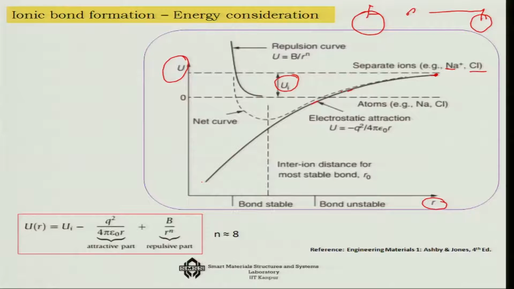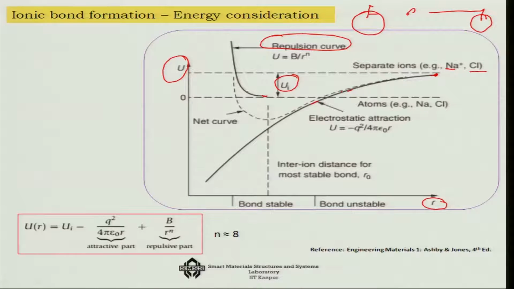Why? Because beyond a certain point, somewhere here, a repulsion curve comes into the picture, because the atoms will then start to repel each other, and that also grows exponentially at a much faster rate.